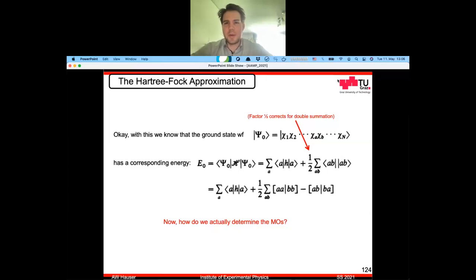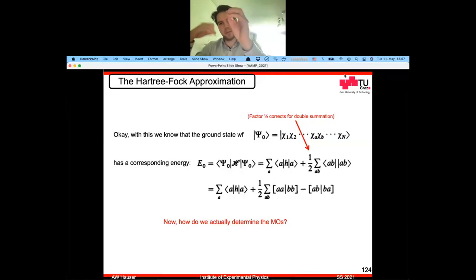We have this factor 1/2 to correct for double summation, because it's only about pairs of electrons. So A with B, A with C, A with D, and so on. Then I take B, and BA is already covered.